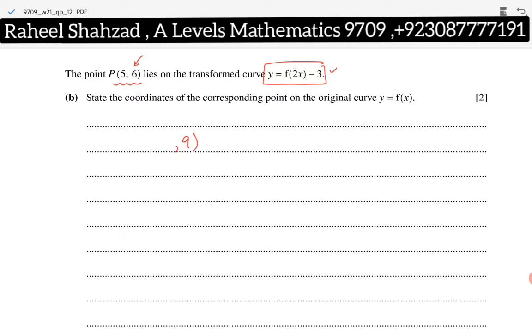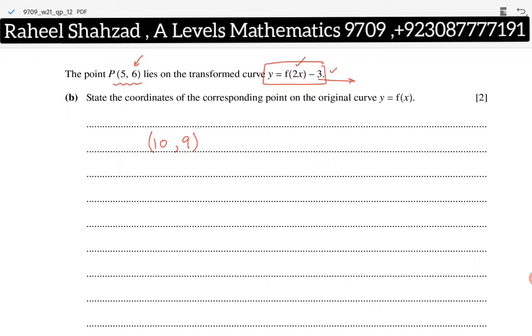Okay, and f of 2x, so the transformed curve is stretched along the x-axis with scale factor 1 by 2. So if you reverse it, that is going to be 10, 9. This 3 is responsible for the vertical translation along the y-axis.